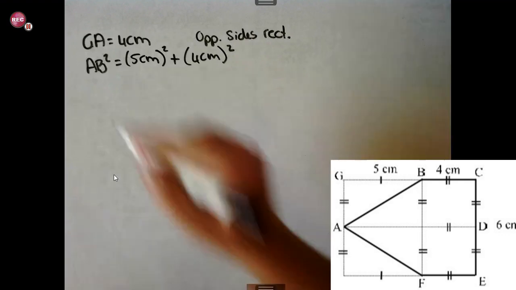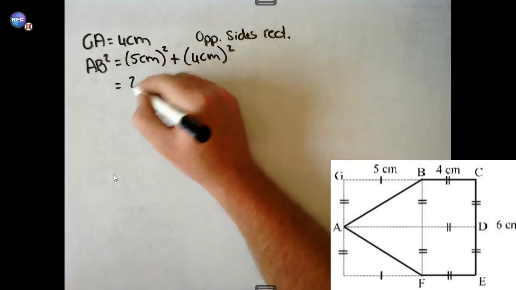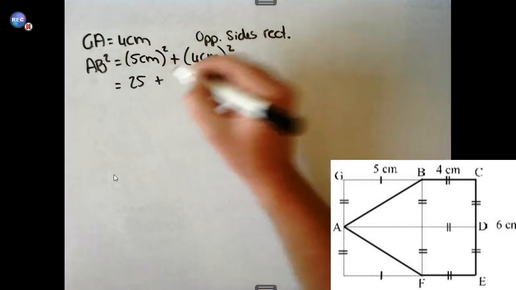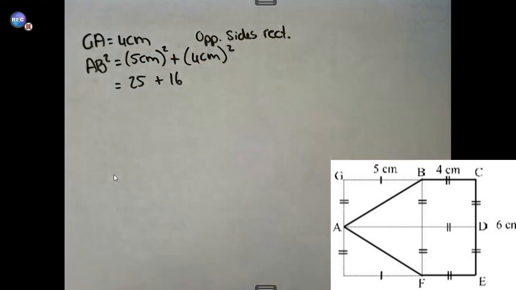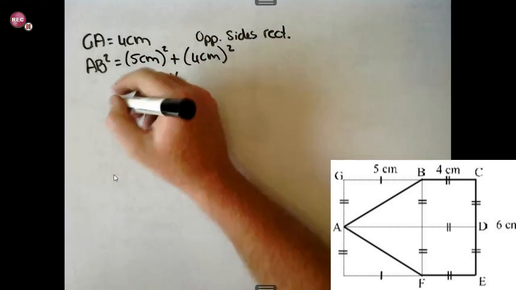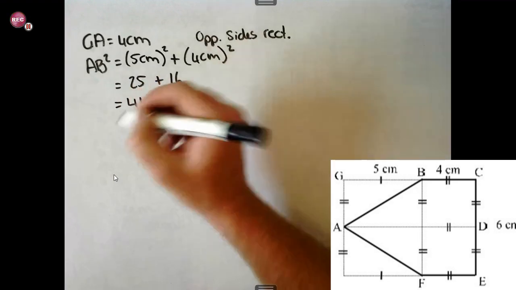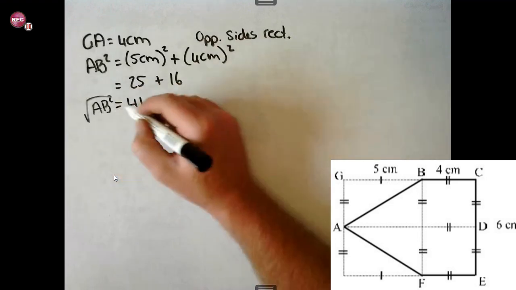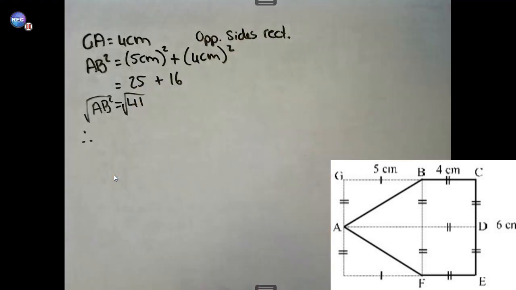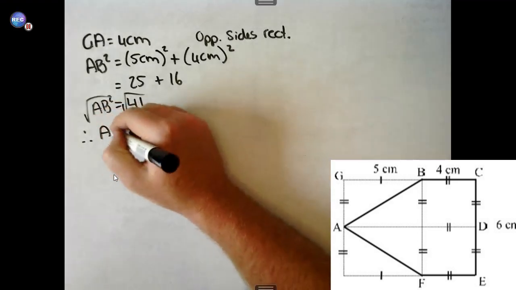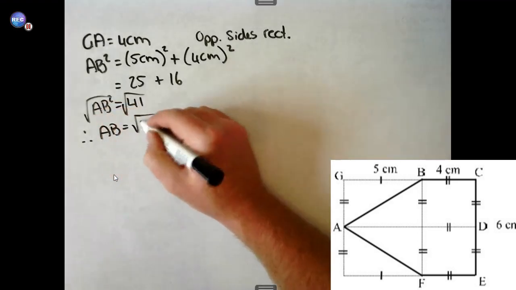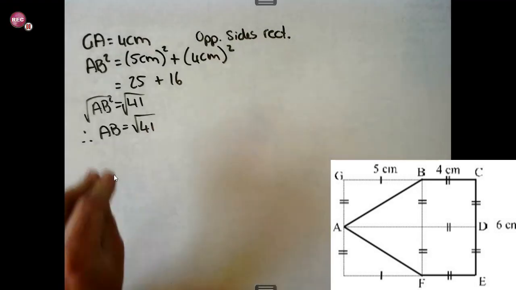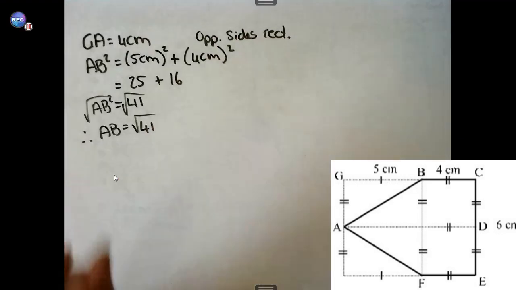Now, this is 25, this is 16. When I add them together, I'll get 41. So I'll have AB squared here. We're going to square root them, and because 41 is not a perfect square, you leave it as the square root of 41. Work with it that way because it's very accurate when you have to go and round off at the end of your question.